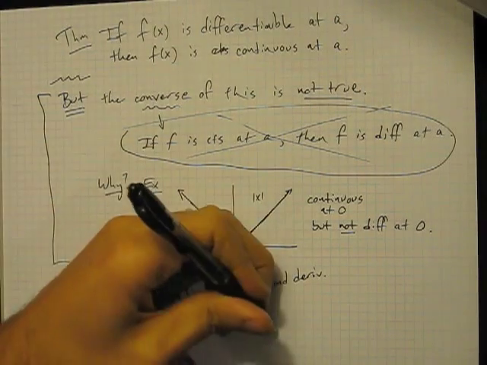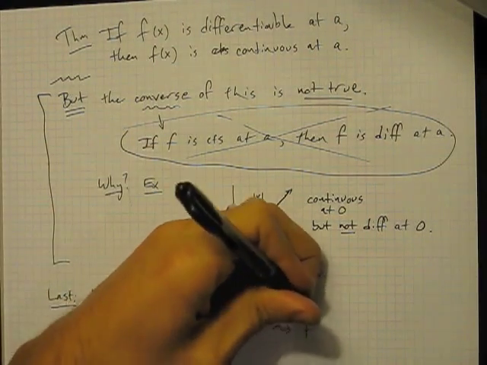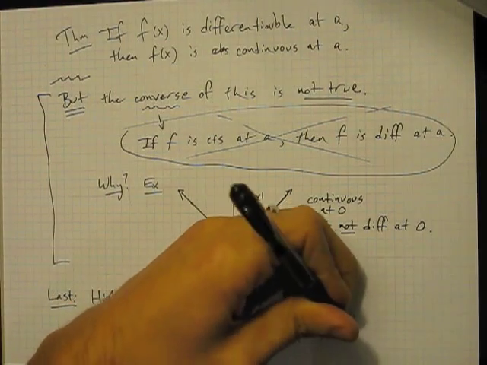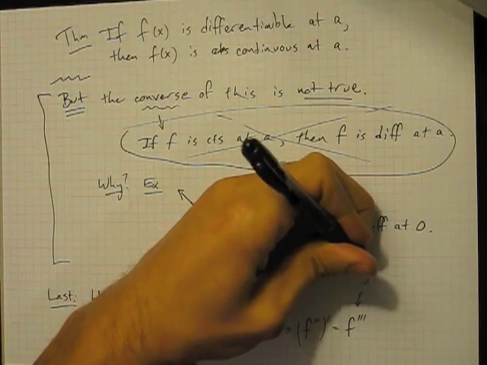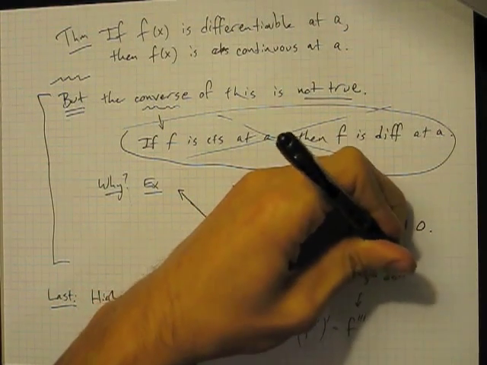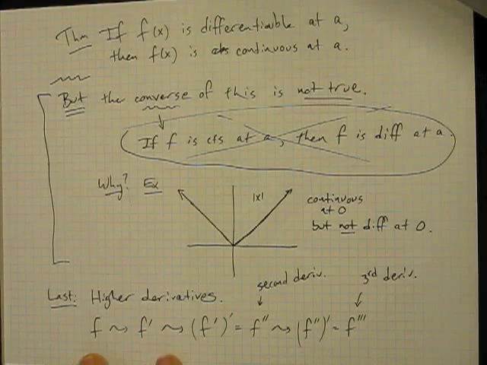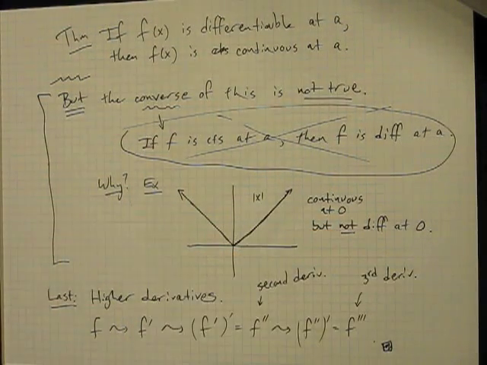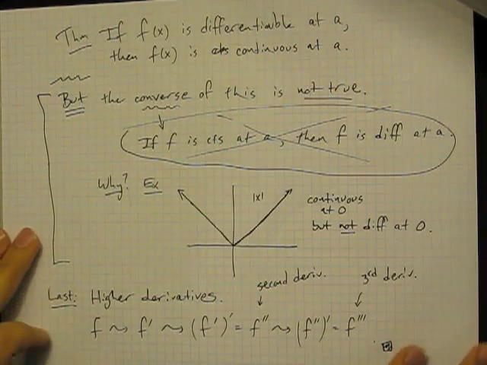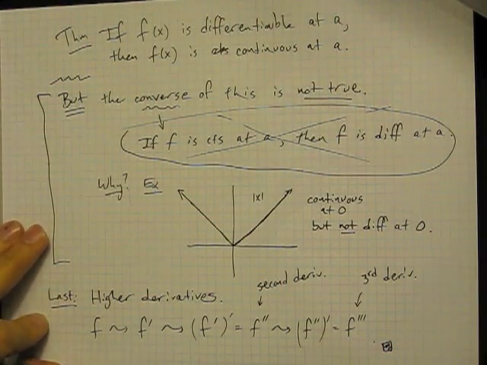We could take the derivative of the second derivative and get the third derivative, and so on. We'll use this notation throughout the rest of the semester and the rest of the year. So that's the end of section 2.2.